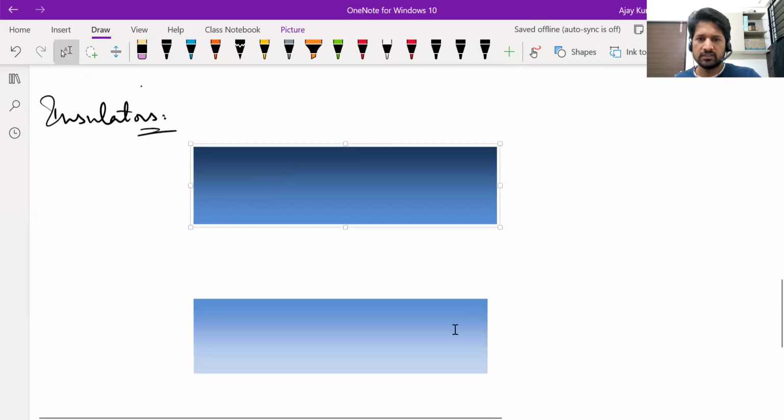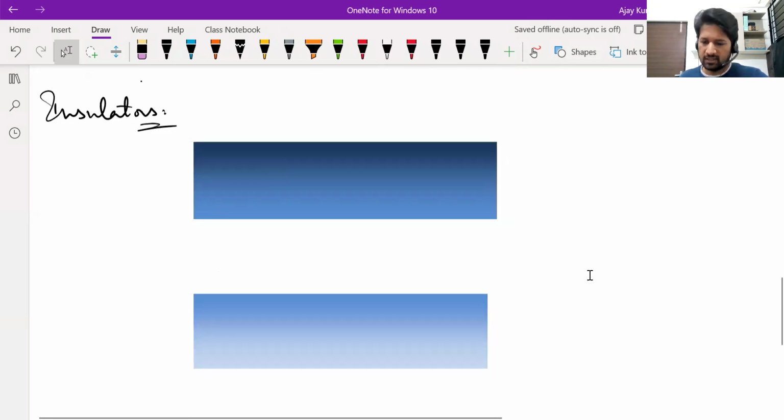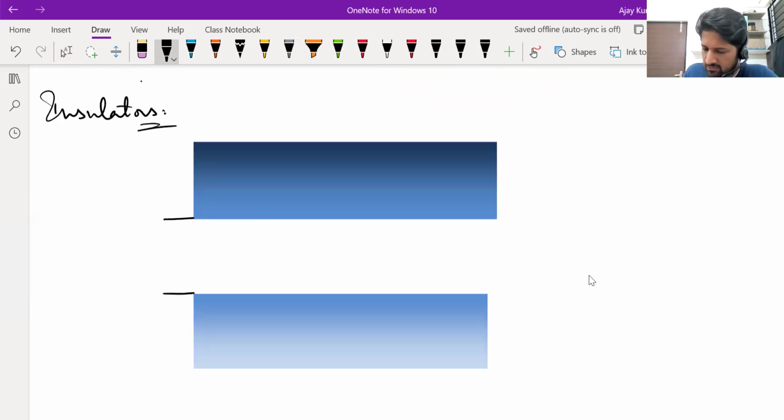So there is a significant gap between the highest energy level of the valence band and the lowest energy level of the conduction band. That gap is more than or equal to 5 electron volts.